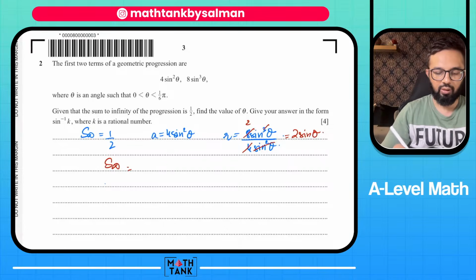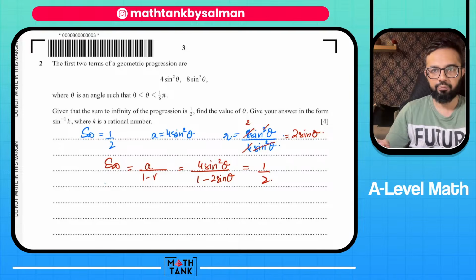Sum to infinity is A over 1 minus R. That's 4 sine square theta over 1 minus 2 sine theta equals half. That's 8 sine square theta equals 1 minus 2 sine theta. Moving everything to one side, I get 8 sine square theta plus 2 sine theta minus 1.